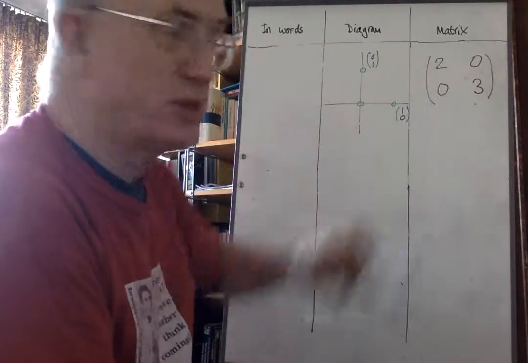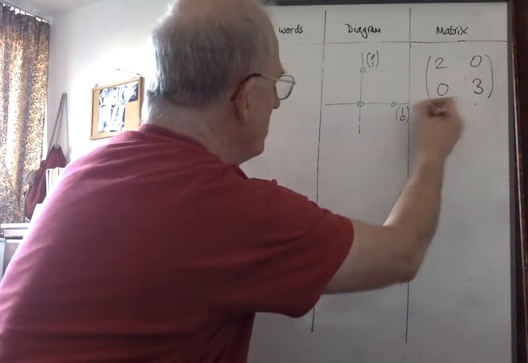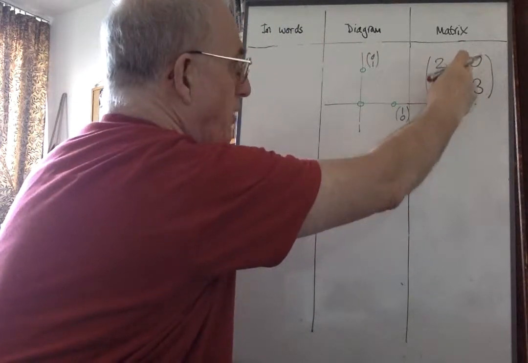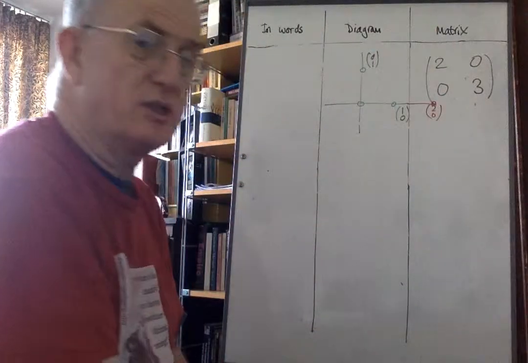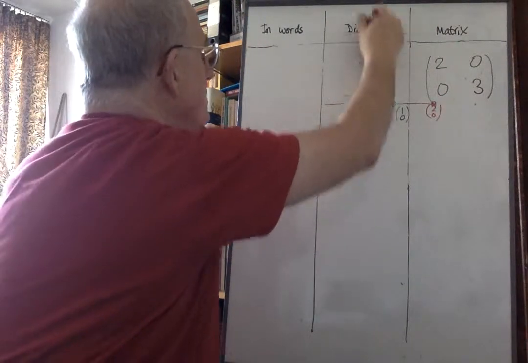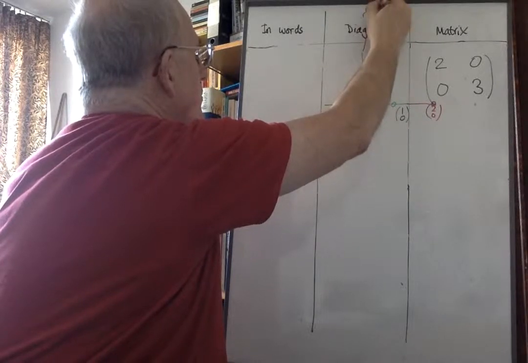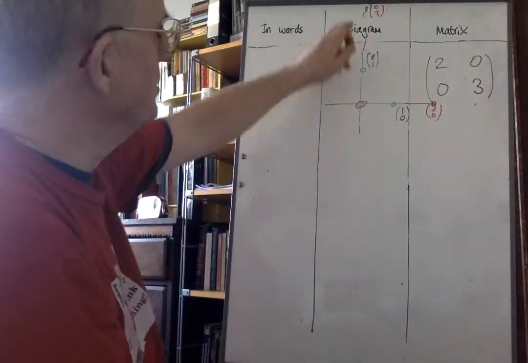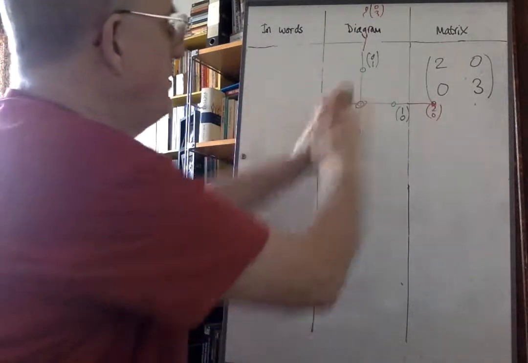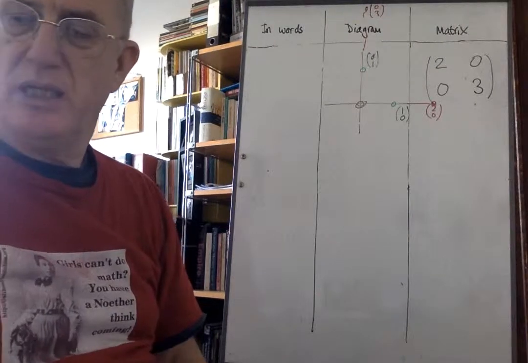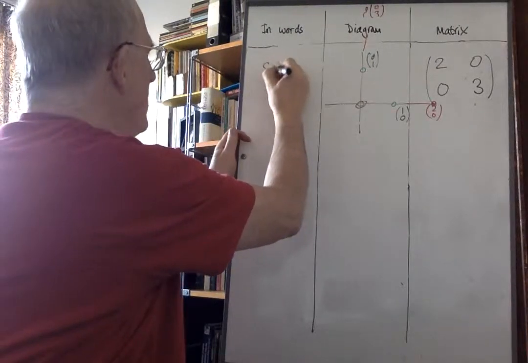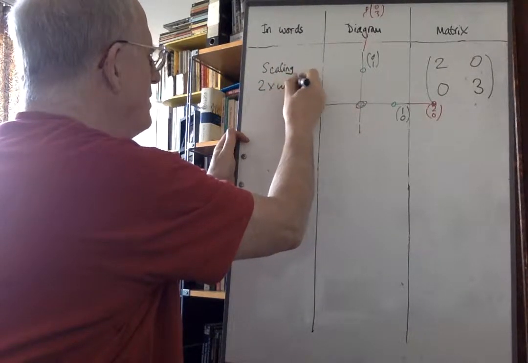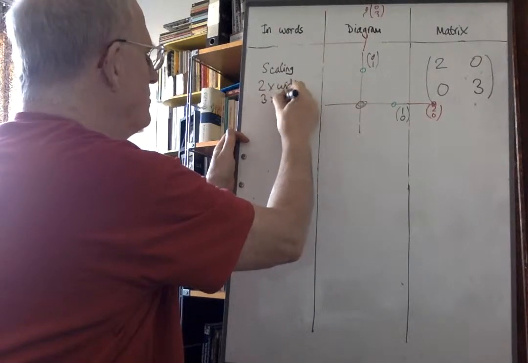This point goes to the point described in the first column, which is 2, 0, which is out here somewhere. This point here goes to the point described in the second column, which is 0, 3, which is up here somewhere. So the origin stays where it is. So you can see what's happened is that everything's been spread out, and we can describe this as a scaling: twice times the width and 3 times the height.